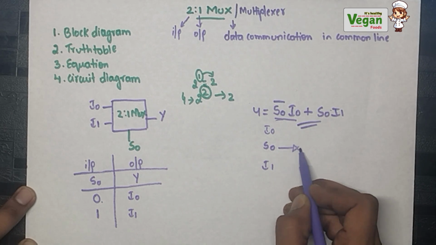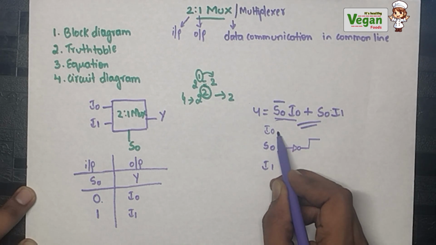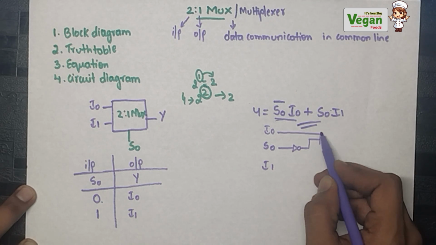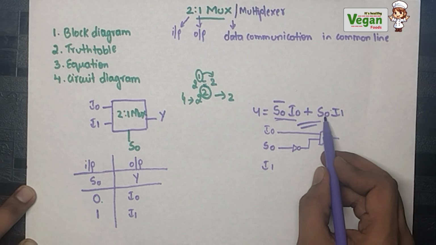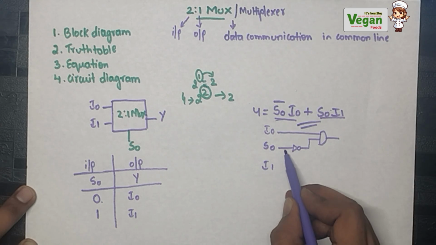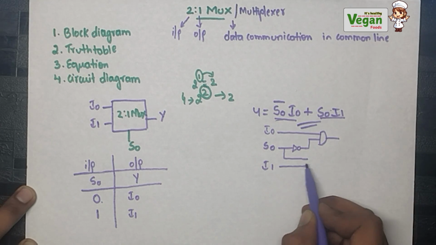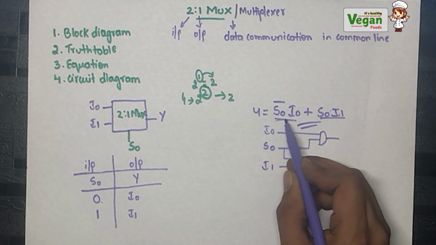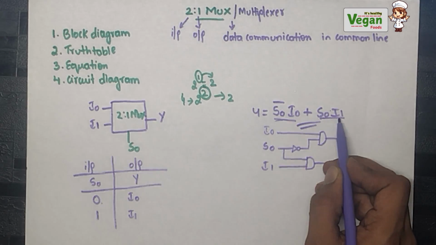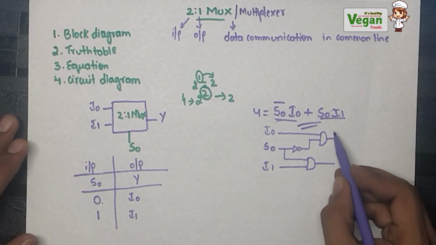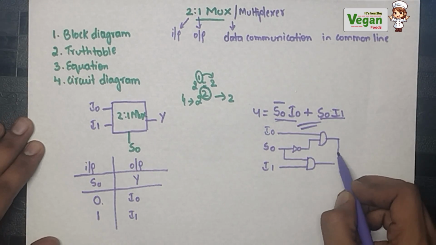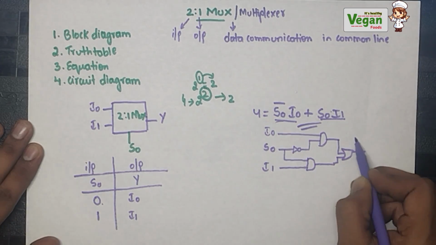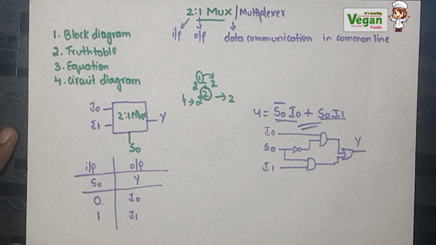Bar means I will add a NOT gate in front of it, and I0. S0 bar into I0, so I will use an AND gate. Next, S0 into I1, and into means AND gate. Now S0 bar I0 plus S0 I1. Plus is there, so we will use an OR gate. Now this is the value of the output Y.